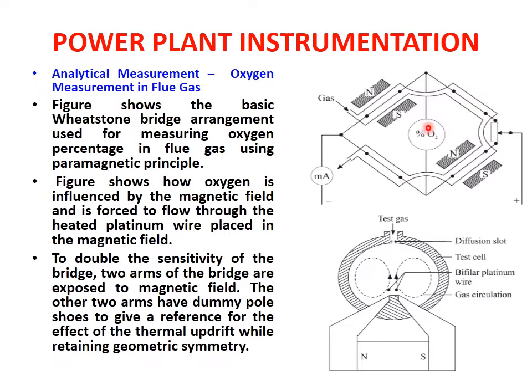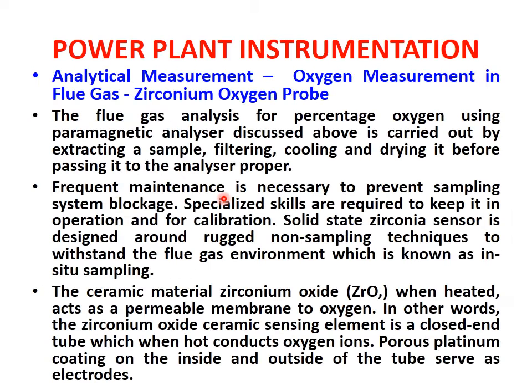And what does dummy pole mean? Dummy poles mean they have no load, initially there is no load, or they are directly connected to the atmosphere. In this way, the paramagnetic oxygen gas analyzer is in the working stage. Going to the next slide now.